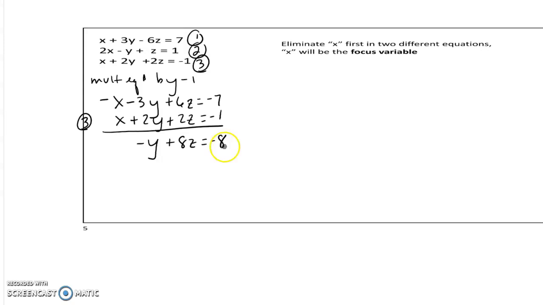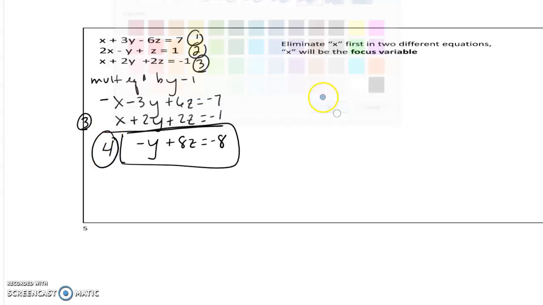I have made equation 4. Okay, so now I'm going to look at, again, eliminating x. So I'm going to multiply equation 1 by a negative 2.